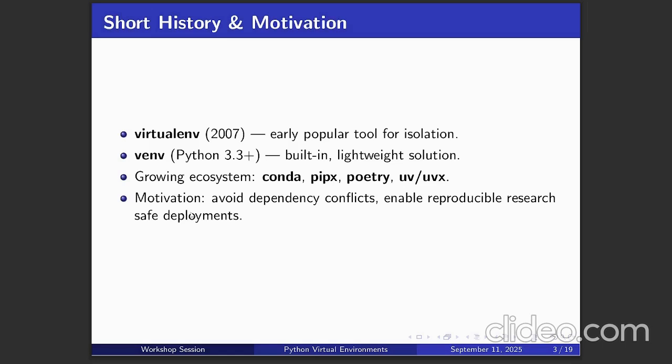So of course, if you don't have a large storage in your system, it can handle that. The motivation is simple: we needed a way to avoid dependency conflicts and ensure reproducibility and safer deployment. That's why the virtual environment concept came into the picture. With the growing ecosystem, after that virtualenv and venv, Conda, Pipx, Poetry, UV and UVX also came into the picture. Nowadays everyone is talking about UV.